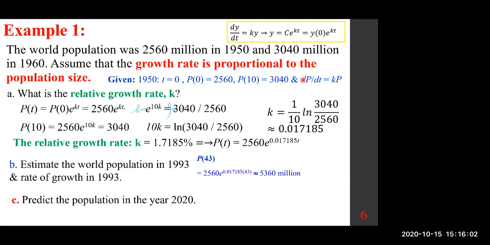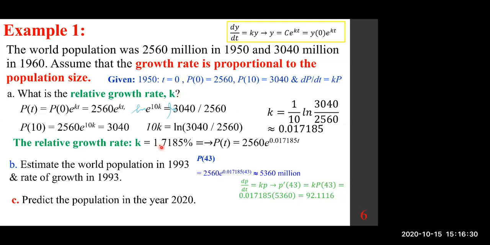So you want dP/dt in 1993. In 1993, you multiply the population by k. You already have found k in the previous step. So dP/dt is k times P. So P prime of 43 or k times P of 43.